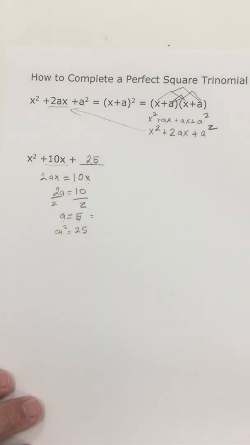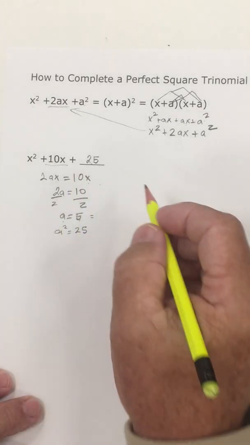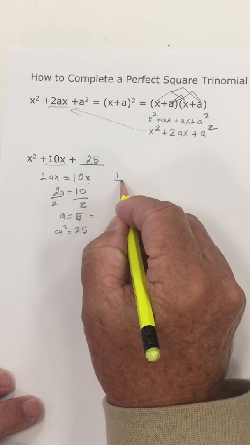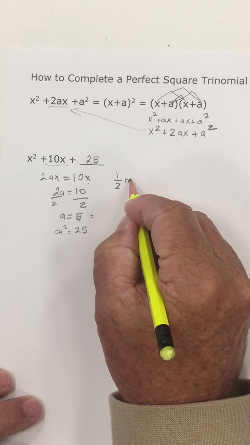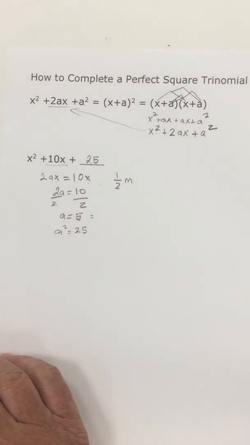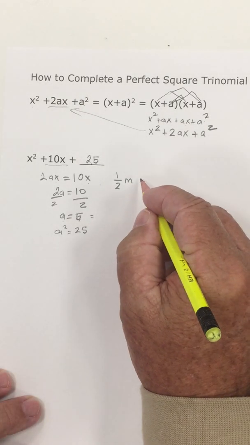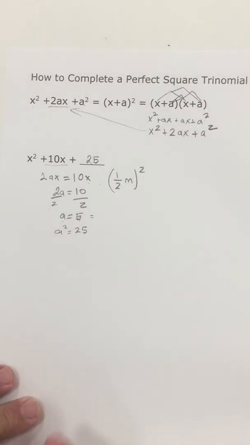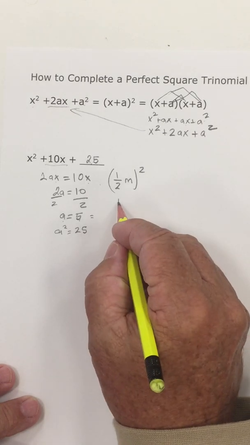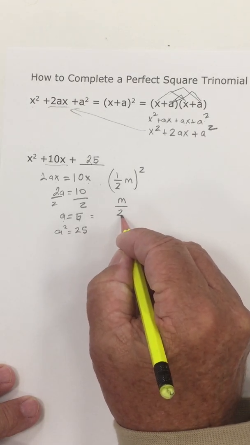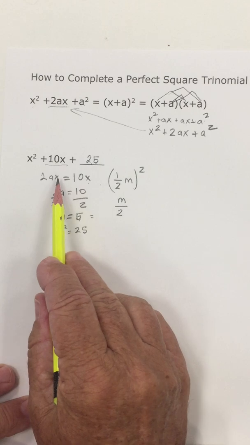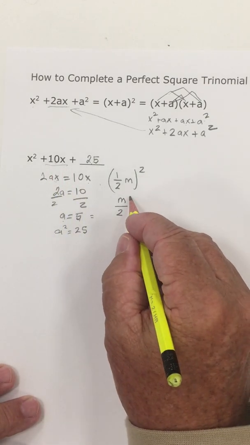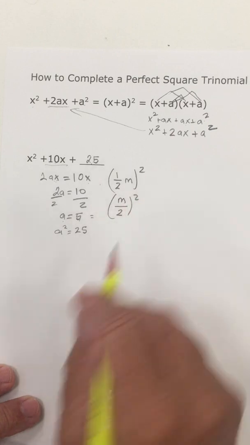So now we're going to do a formula. So here's our formula. We're going to take 1/2 of the middle term, and then we're going to square it. We can write that another way. We can say m divided by 2, our middle term, that's 10 here, divided by 2, and we can square it.